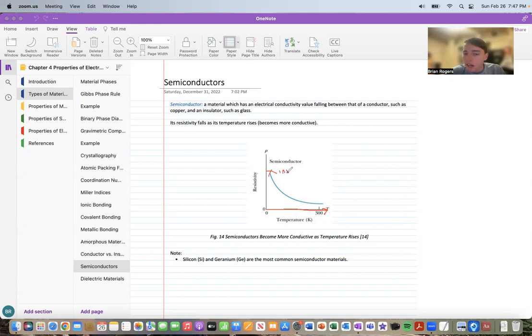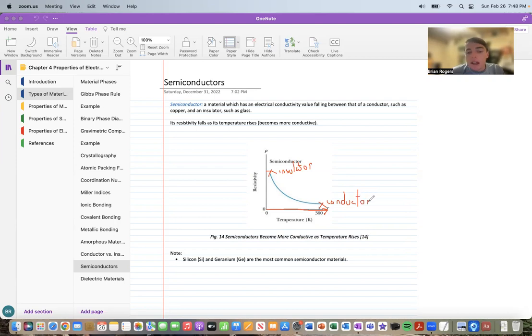But at higher temperatures here, you're going to notice it's more like a conductor because it has less resistivity. So those electrons can easily flow through that material. There's not going to be an impedance or obstacle in the way.